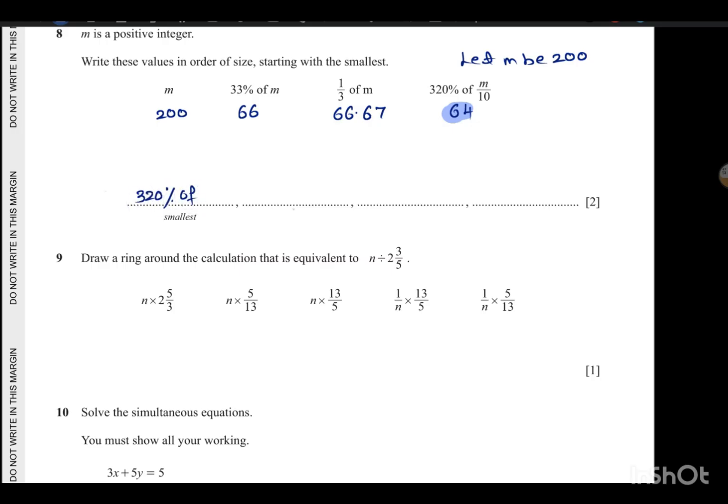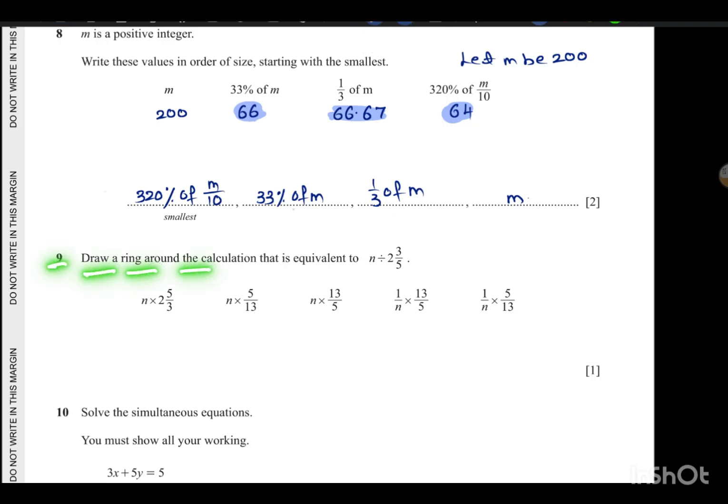Next smallest is 66, so 33% of M. Next smallest is 66.7, so 1/3 of M. Last is 200. Sorry, not 200, M. Don't write the value which you have taken. The answer will be wrong. So M. Question number 9.